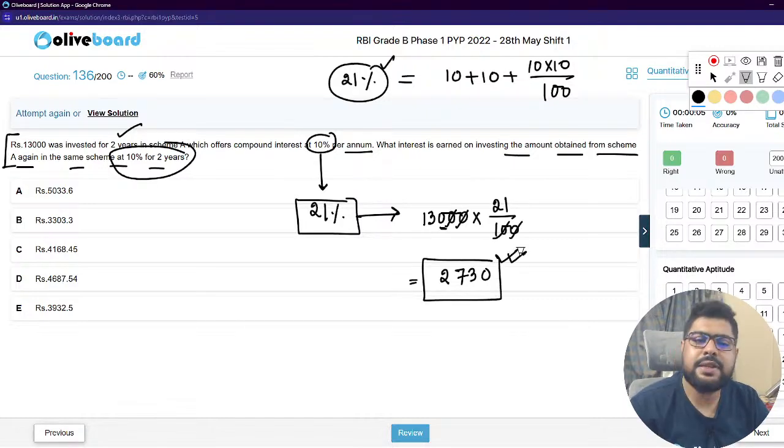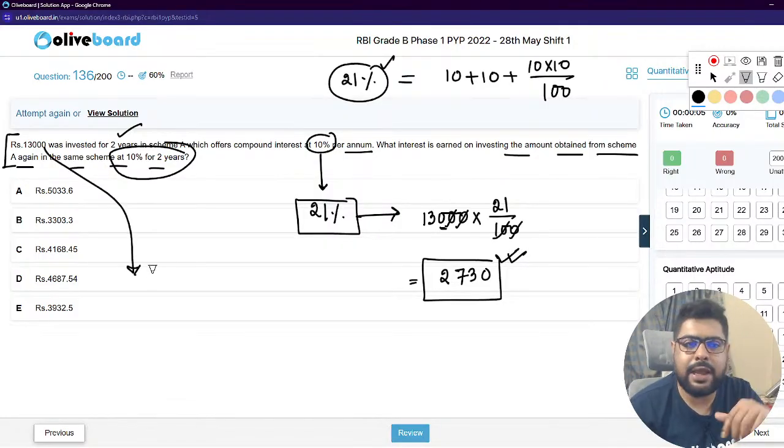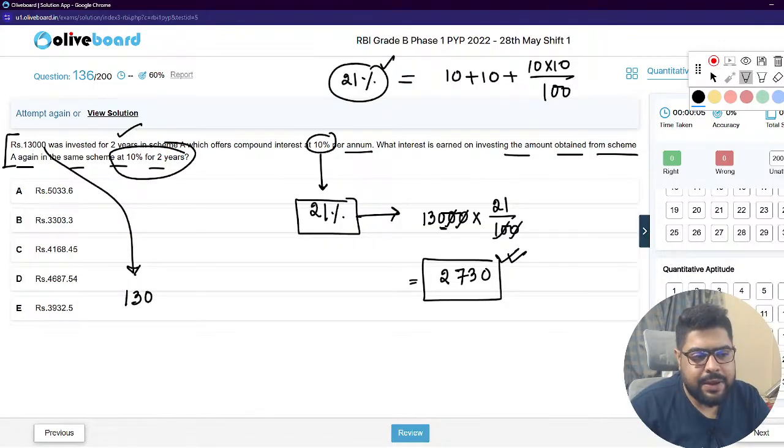So 2730 rupees is the interest. So 13,000 rupees, for the second investment, the principal will become 13,000 plus the interest of 2730. So 15,730 rupees.